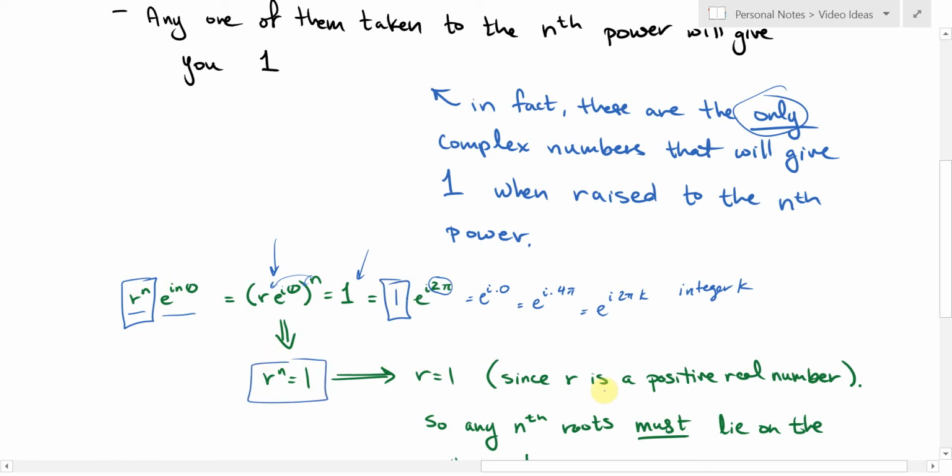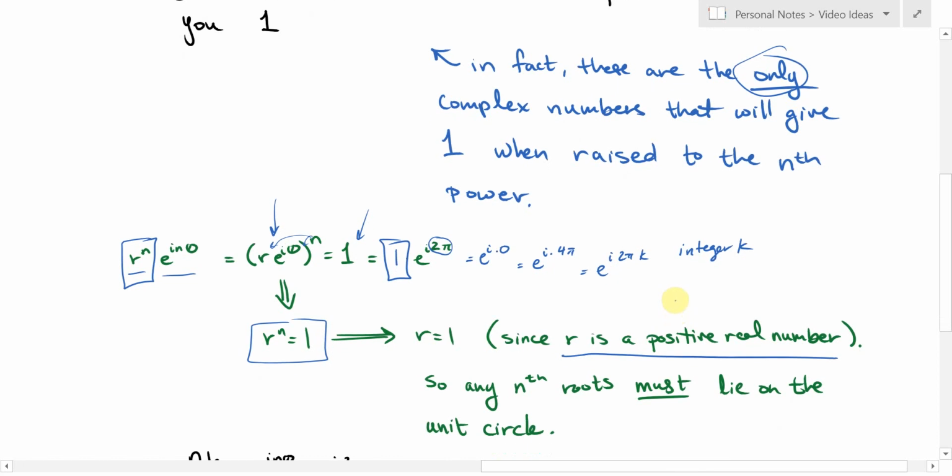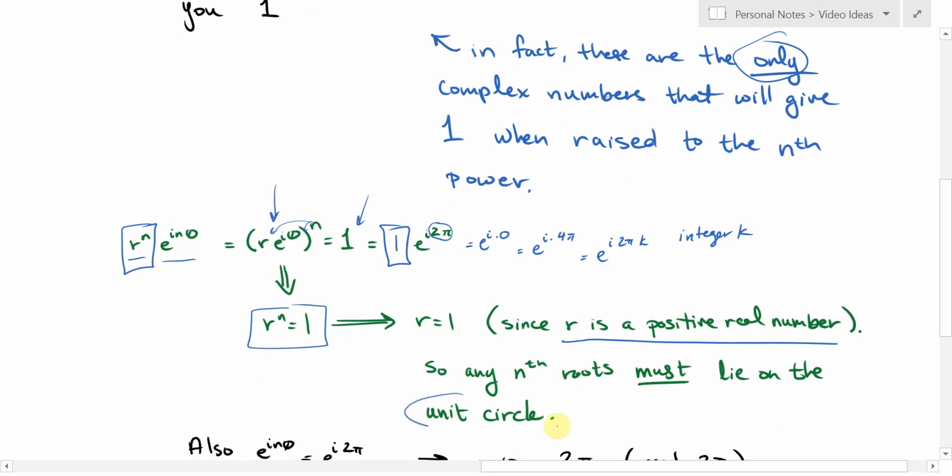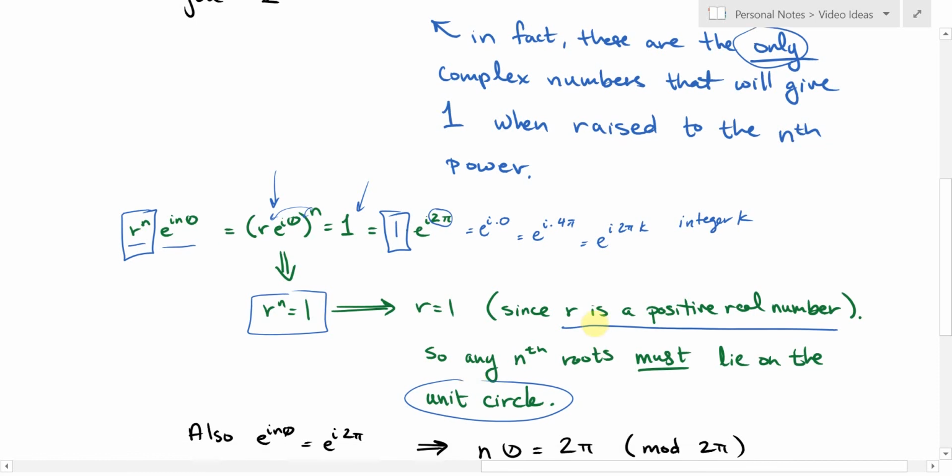But remember, r is a positive real number. r is not some complex number. r is the length of the vector, which is a positive real number. So the only positive real number you can take to a power and get 1 is 1 itself. So r equals 1. So that already proves to us that anything that's an nth root of unity must lie on the unit circle. It must have length r equal to 1, modulus equal to 1.